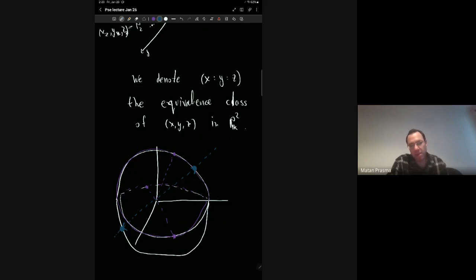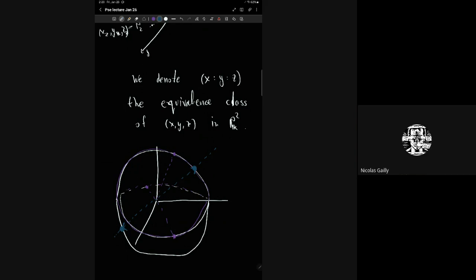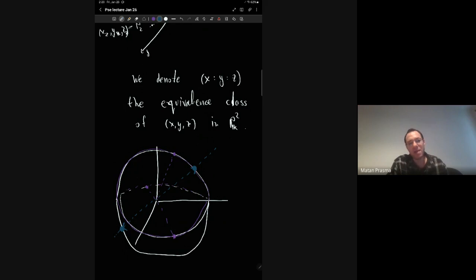If they lie on the same line that passes through the origin, they are equivalent. Right? To say that two triples x, y, z are the same up to a multiplication by lambda is to say that they lie on the same line that passes through the origin. Sounds good. Okay, I see.